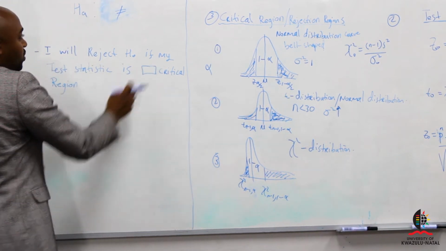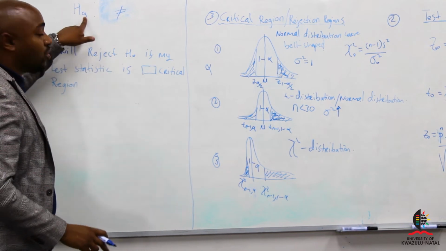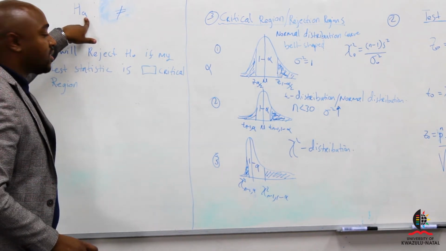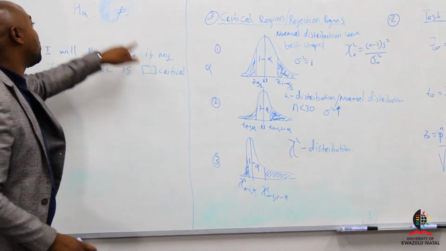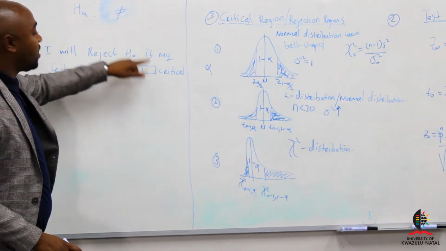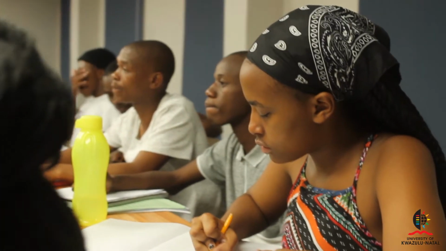So what you put here is everything that is on your alternative hypothesis. If it's not equal to, this box will have not equal to. If it's greater than here, less than here, right? Okay, are you guys with me?